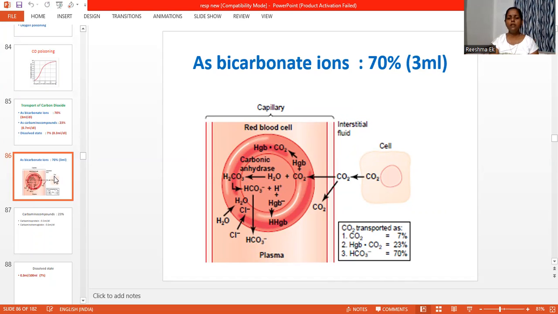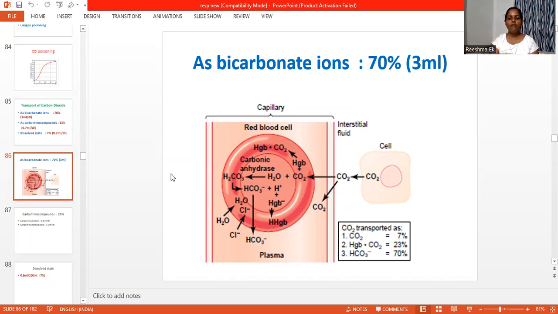In the RBC, carbon dioxide combines with water to form carbonic acid. This carbonic acid is highly unstable, so it splits into HCO3 minus ions and H plus ions. Now the carbon dioxide is converted into HCO3 minus ions.